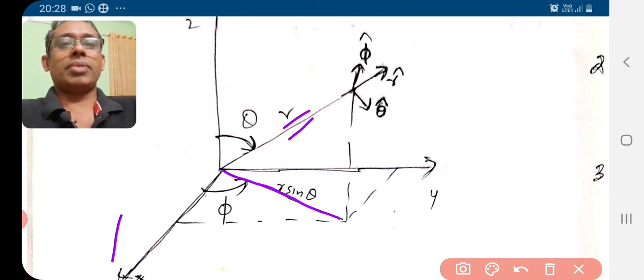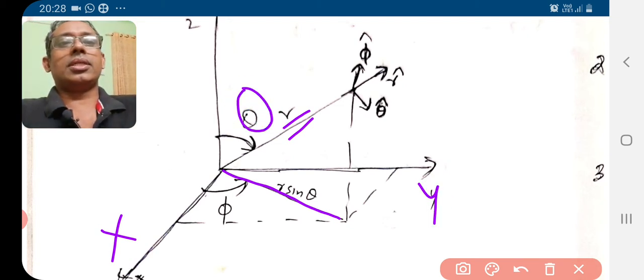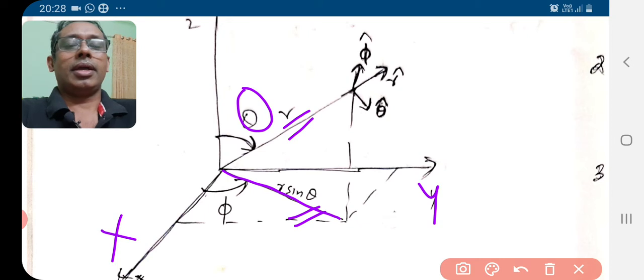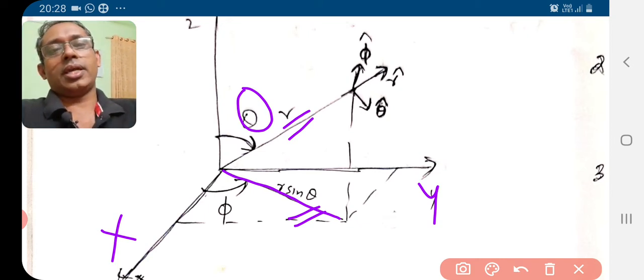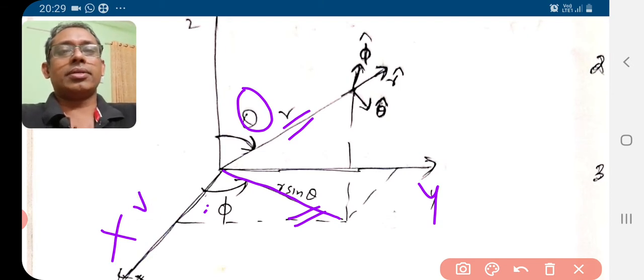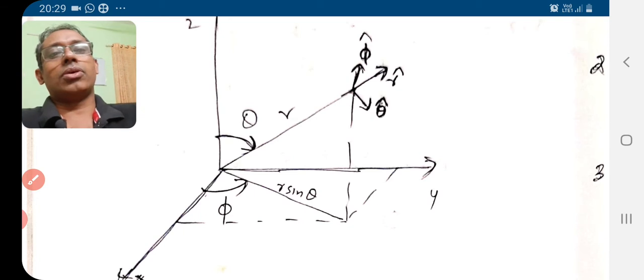Since this angle is theta, this will be r sine theta. The component of this r sine theta along the x direction, since this angle is phi, will be r sine theta cos phi.